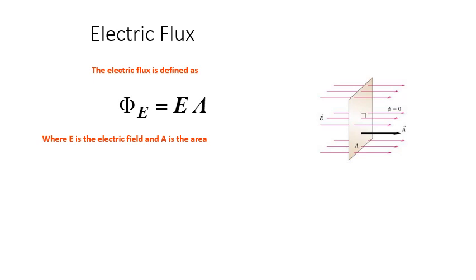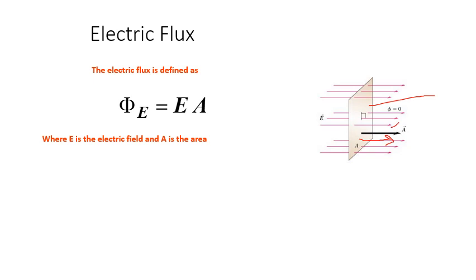We must remember that whenever we have chosen an area element, this area is always represented by its normal. So the area vector is always perpendicular to the chosen surface.